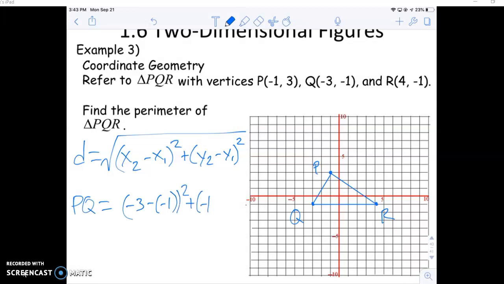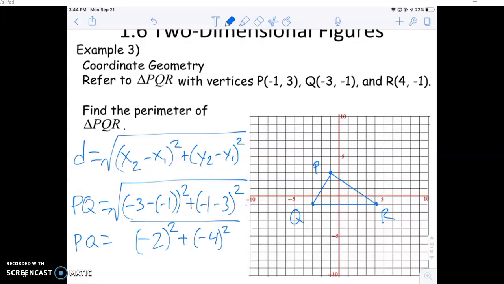Y2 is -1, and y1 is 3. Simplify: -3 minus -1 is really -3 plus 1, which is just -2. And then -1 minus 3 is -4.